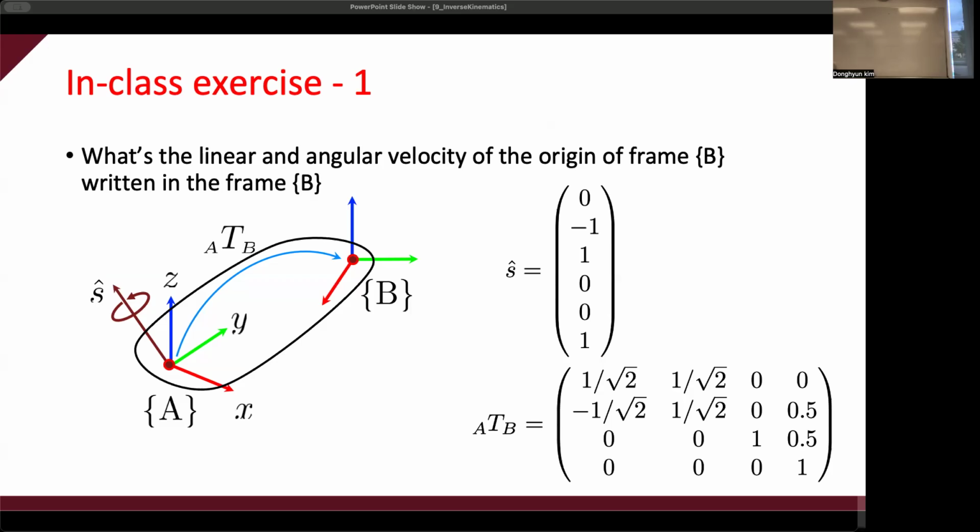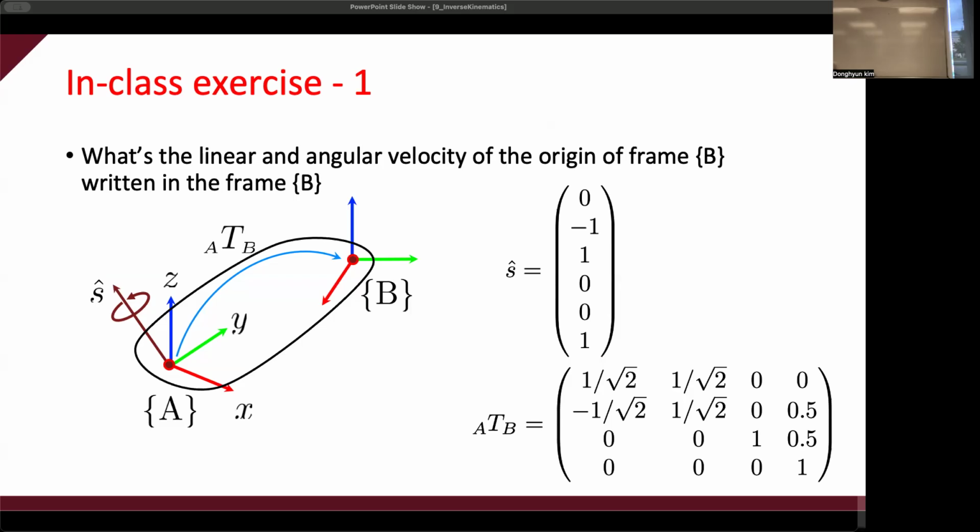And the velocity of the origin. Yes, you can. The original frame, now you can apply it just on zero. Don't use that one though.